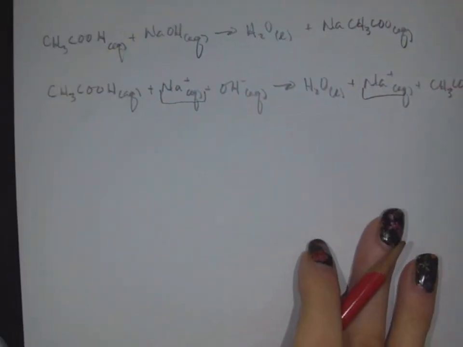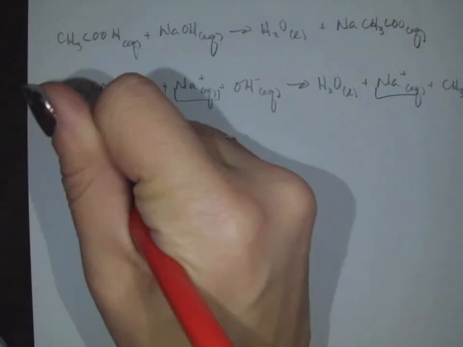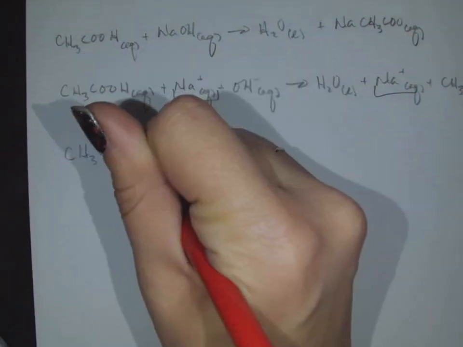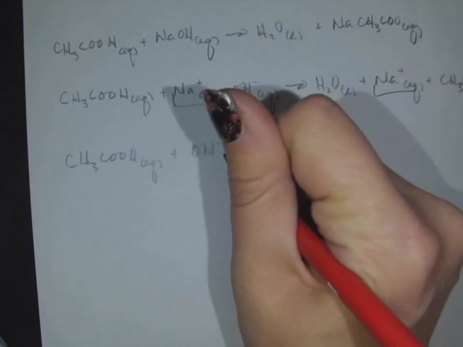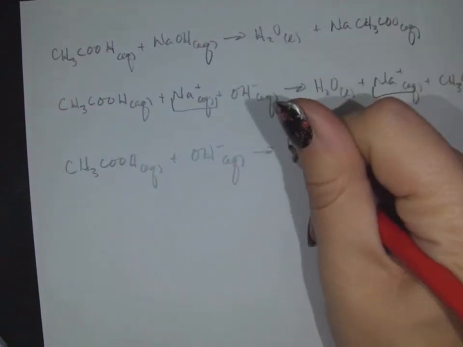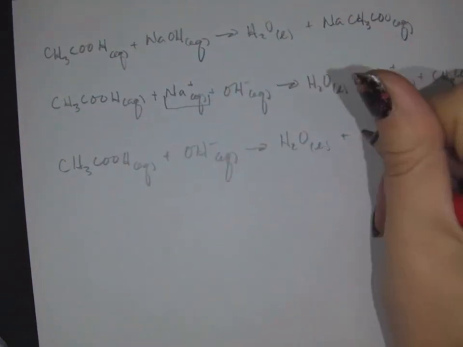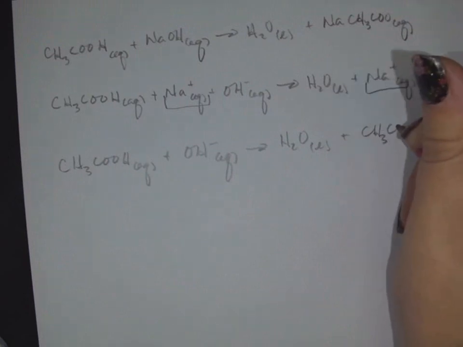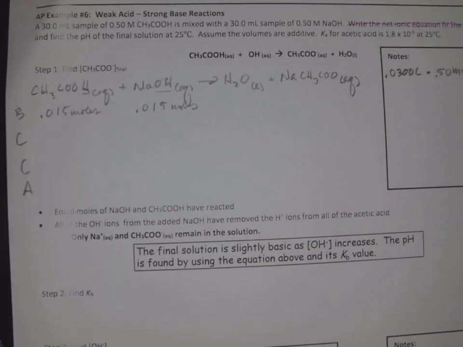So the net ionic for this reaction is CH3COOH aqueous plus hydroxide aqueous turns into water, liquid, plus acetate ion, CH3COO minus aqueous. Okay, so I'm going to go back and update this.